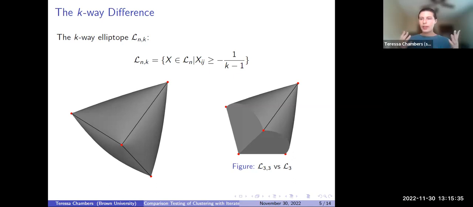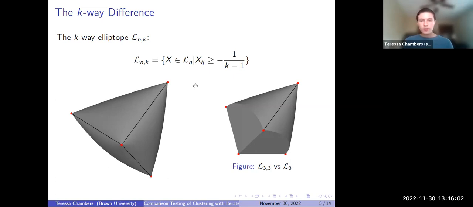So why do we care? How is this useful? Well, it turns out that there is actually a bijection between the k-way elliptope for n-dimensional matrices and the ways to partition a collection of n items into up to k groups.